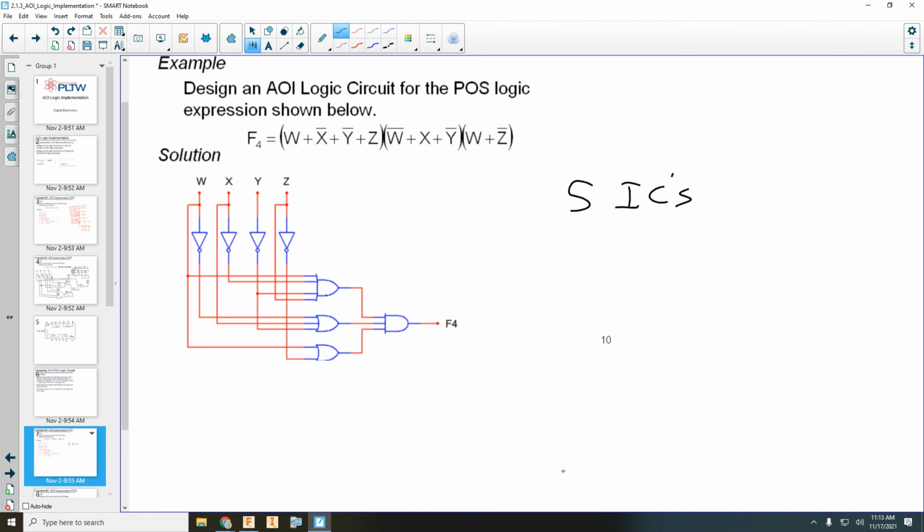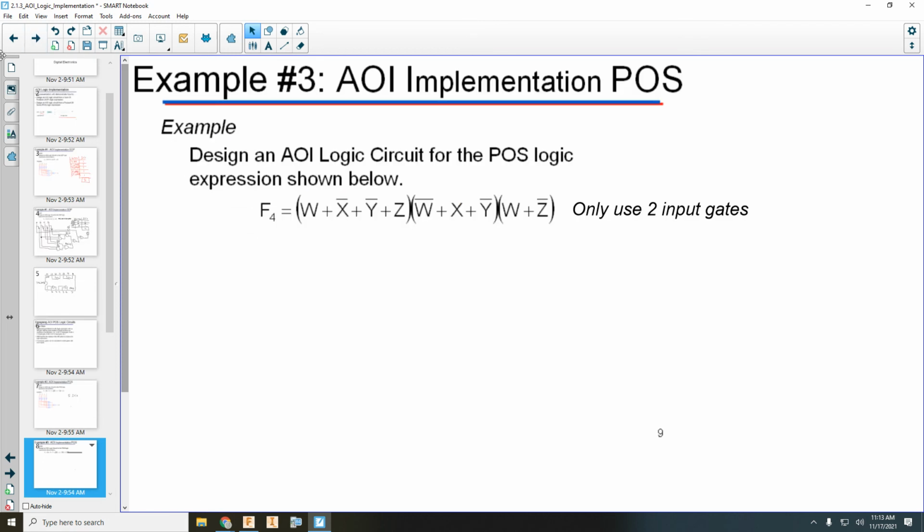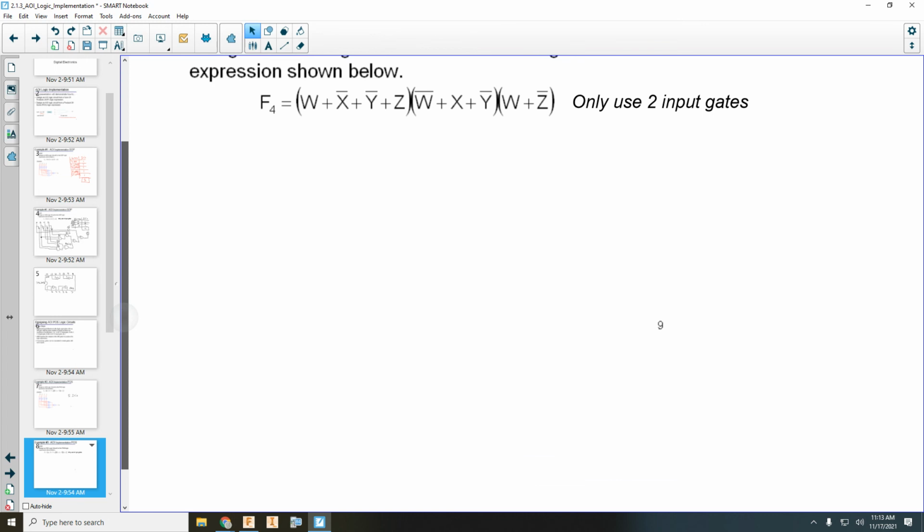Most of the time we want to build things more efficiently, but also to only use 2 input gates. So, looks like, again, I need all 4, don't I?